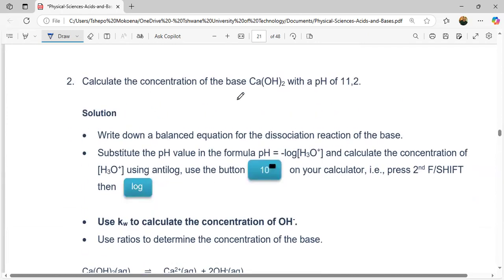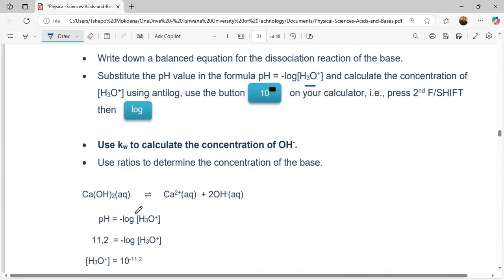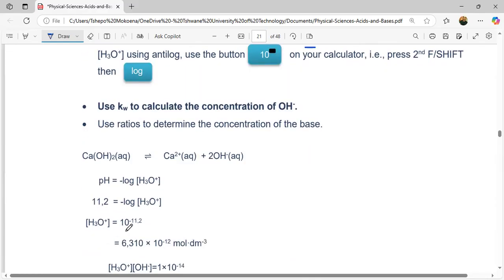And then here it is for base. We still do the same thing. They gave you the pH. Again, be careful, you have pH for base. If you have pH for base, you're going to make use of this equation. You substitute your pH, which is 11.2. You calculate the concentration, but this concentration is for hydronium ions.